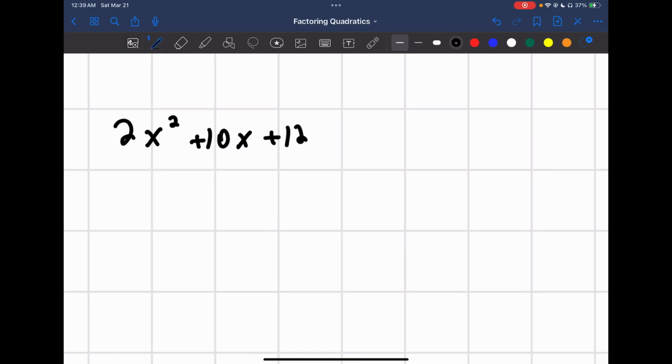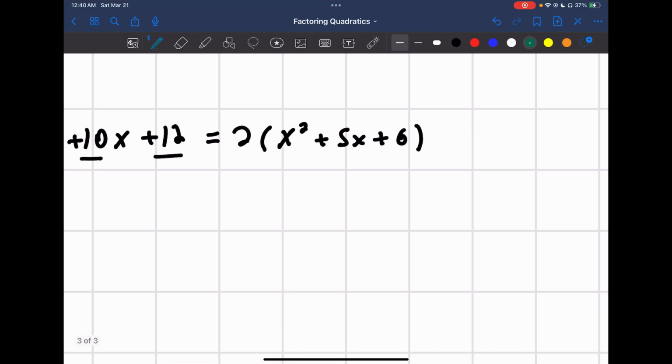In our next example, we have 2x squared plus 10x plus 12. And you can see that all of these terms are divisible by 2. So this means that we could factor out a 2 immediately. So it would be 2 times x squared plus 5x plus 6. And now we just have to work with everything inside the bracket.